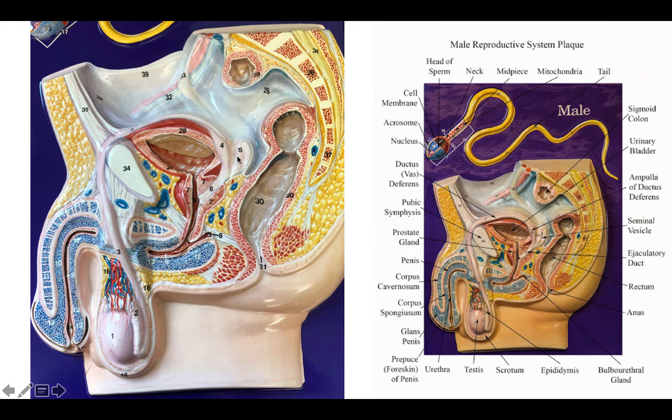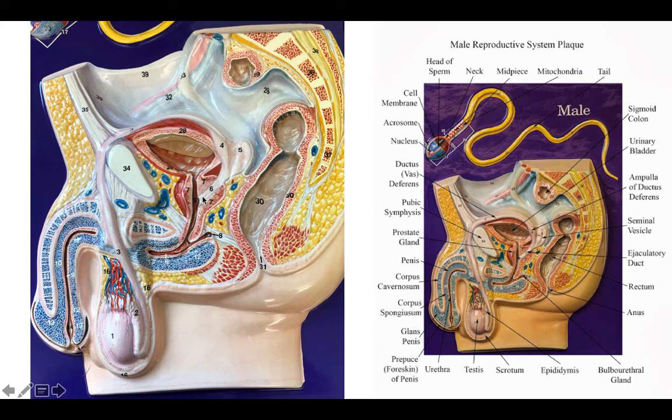You have these seminal vesicles paired on both sides, and they're found, if you look back here, on the posterior side, so the back side of the urinary bladder. So here's the urinary bladder. And again, remember, this is the ampulla of the ductus deferens here. It joins the duct of the seminal vesicles here to form the ejaculatory duct. So the seminal vesicles are going to release their fluids into the ejaculatory duct.